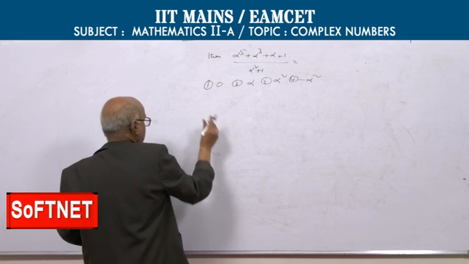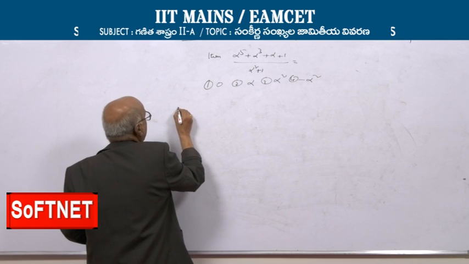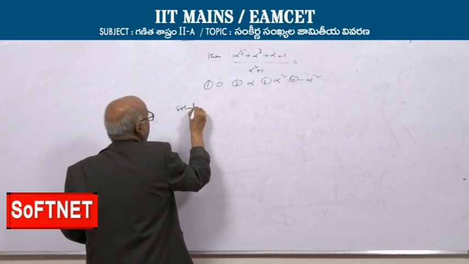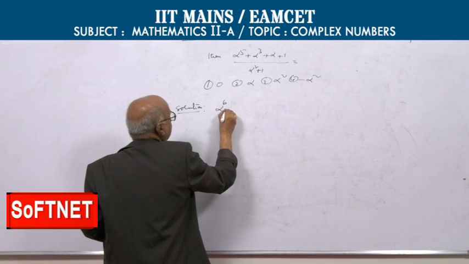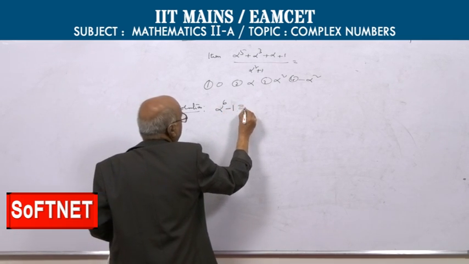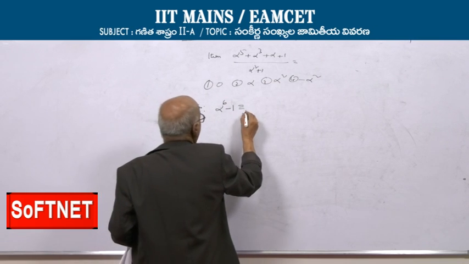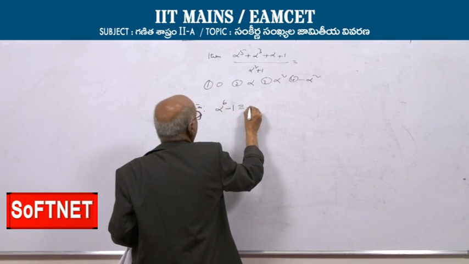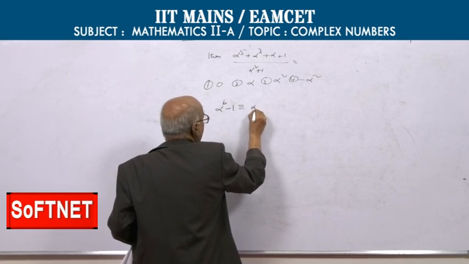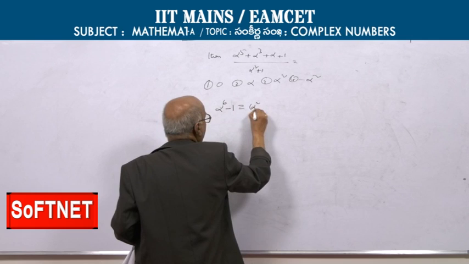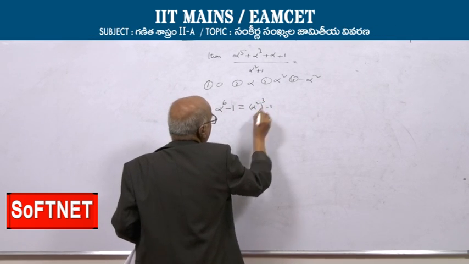So you know that, and the solution is: alpha power 6 minus 1 is simply (alpha square) whole cubed minus 1.